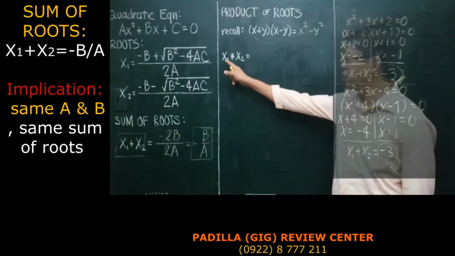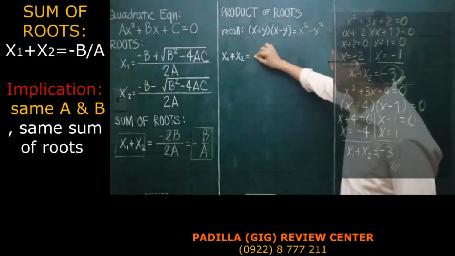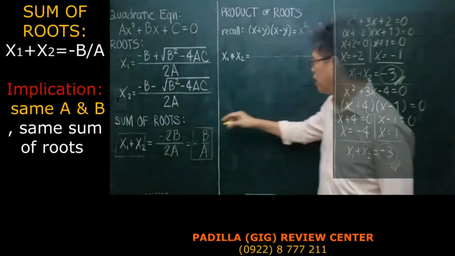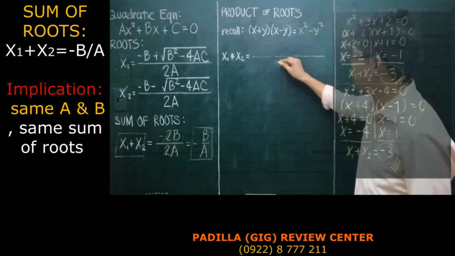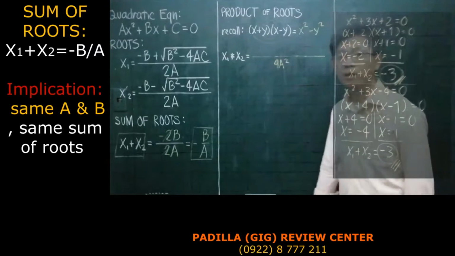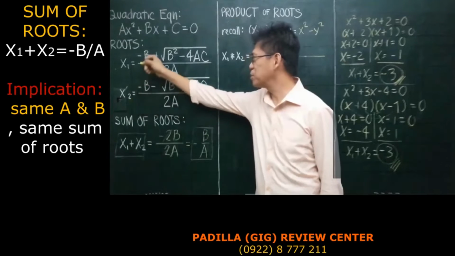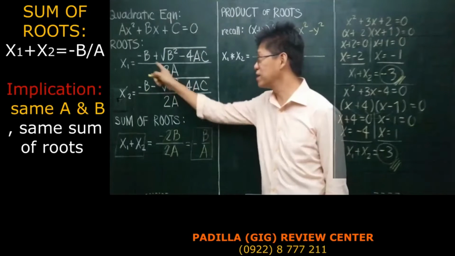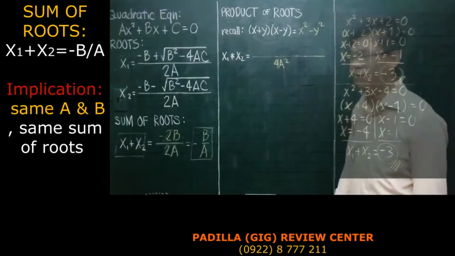So if we take now x1 times x2, this times this, let me begin with the denominator. So 2a times 2a, that would be 4a squared. Then minus b times plus this one times minus this, plus minus, product of sum and difference.